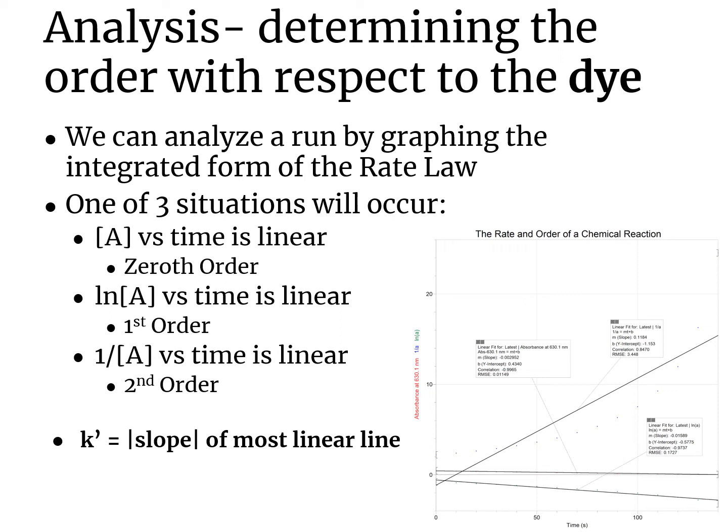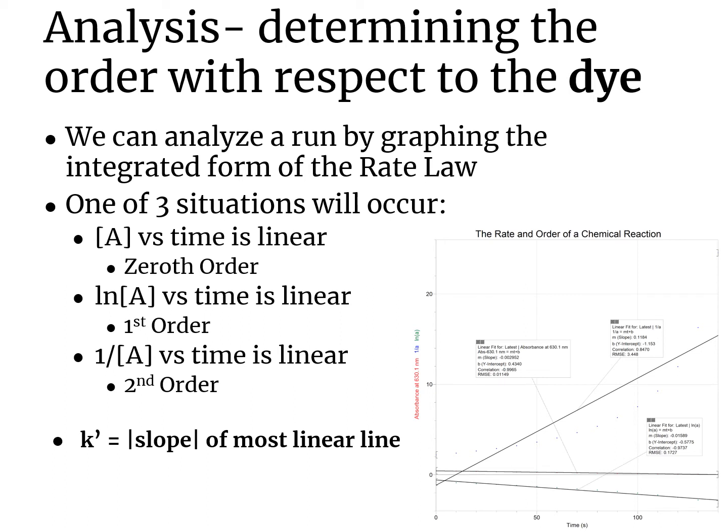So then the value that is next to the dye is going to be your order. If it's 0, then it's going to be 0. But if the graph of natural log of absorbance versus time is the most linear, then the order with respect to the dye is first order and your value is 1.